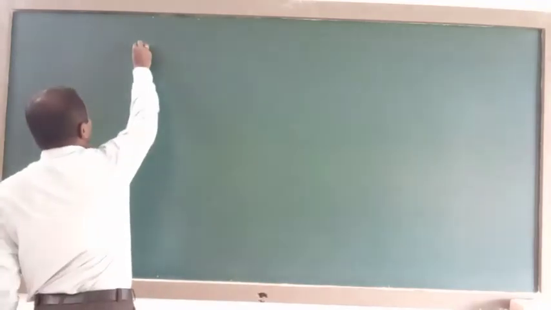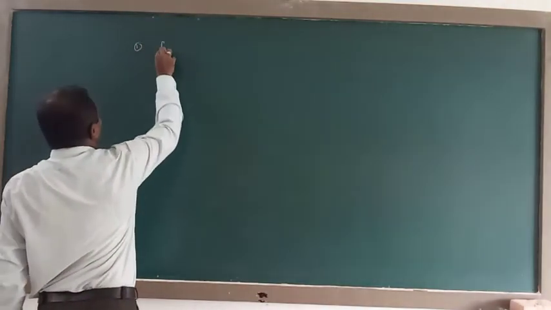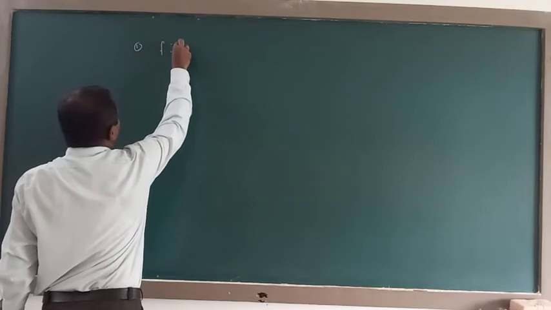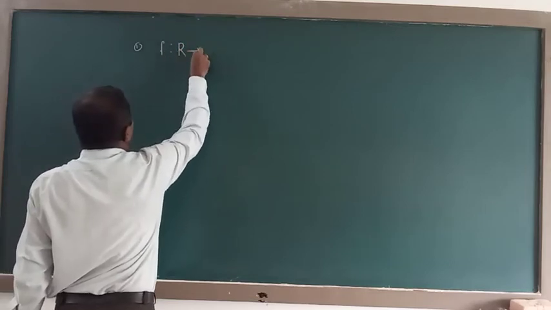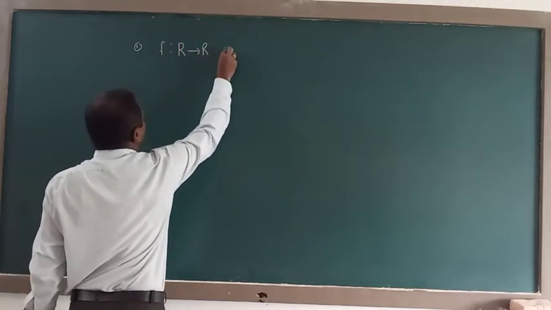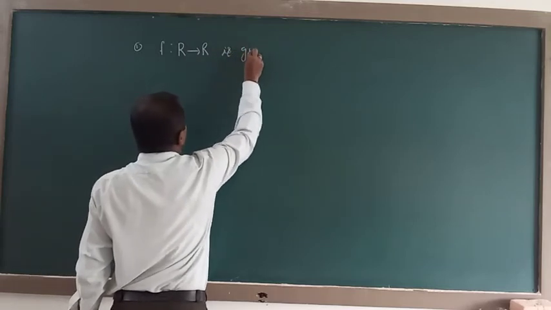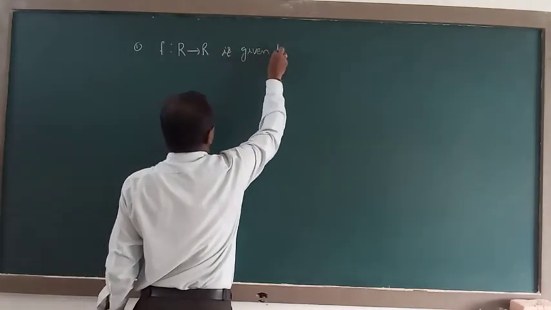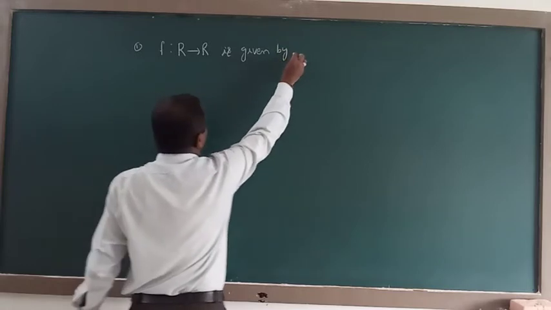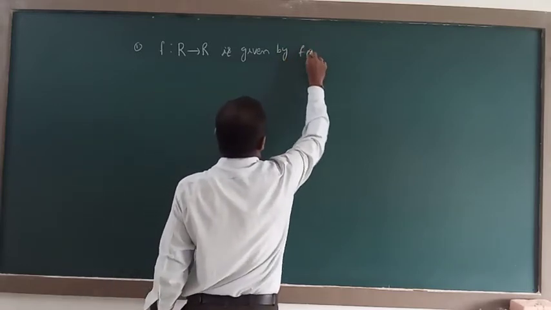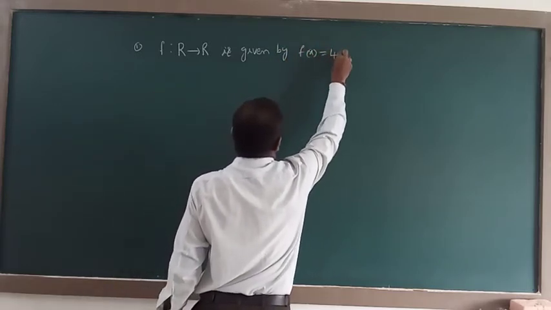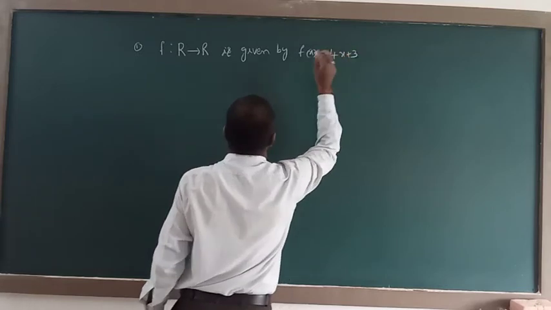First question. Let f map from R to R, real number to real number, given by f of x equal to 4x plus 3.